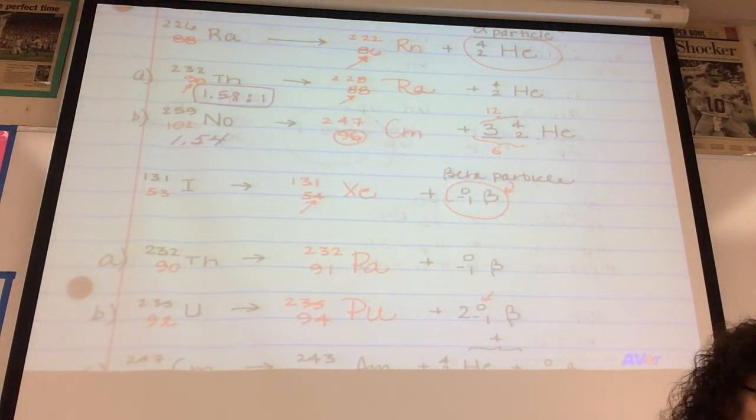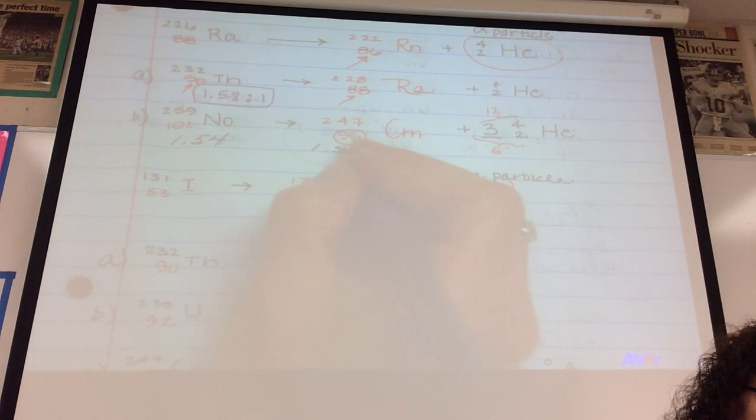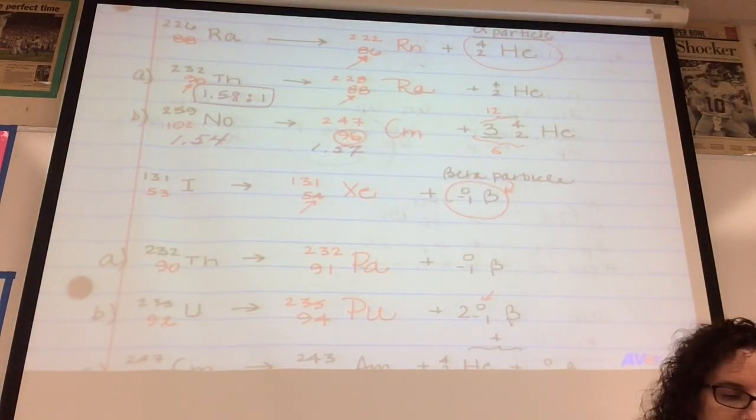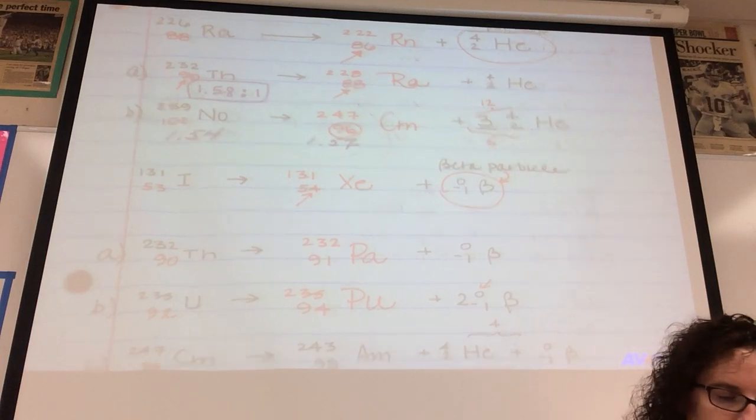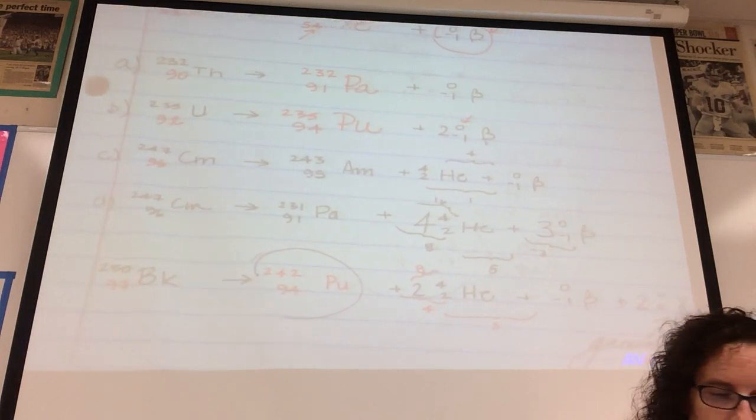This one, 247 minus 96, that's 151 divided by 96, and that didn't work either. So what happened there? Did it get more stable or less stable? Less stable. And we'll take a look in a minute at one that gets more stable.